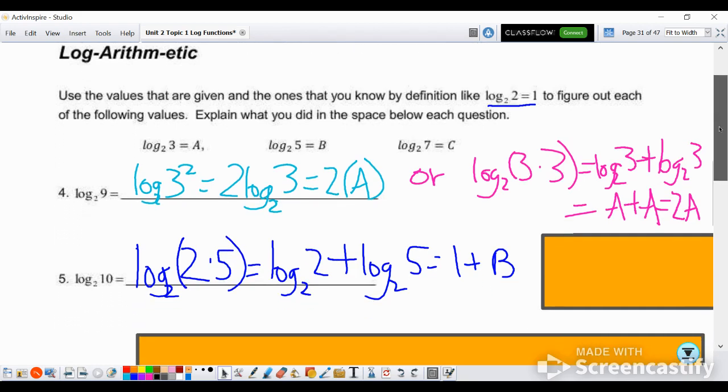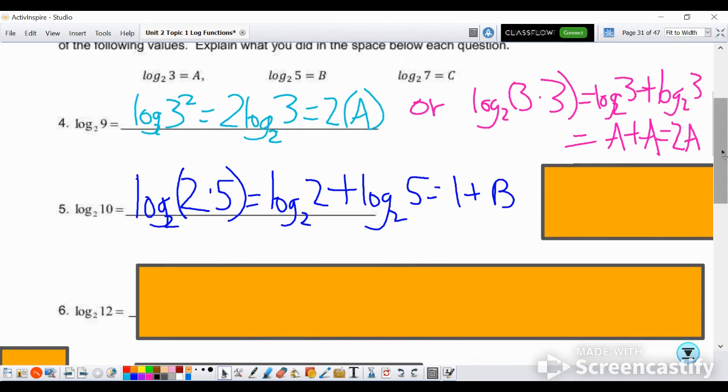As we go along from here, I'm sure you have the idea of what we're doing. It would be a good idea to pause when you can and try these on your own before hitting play on the video and seeing what the answer is.